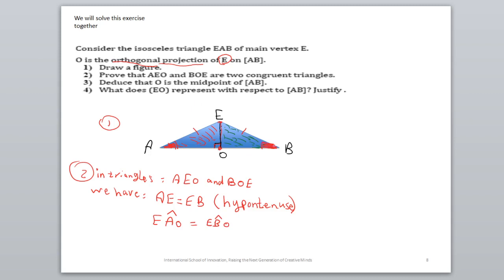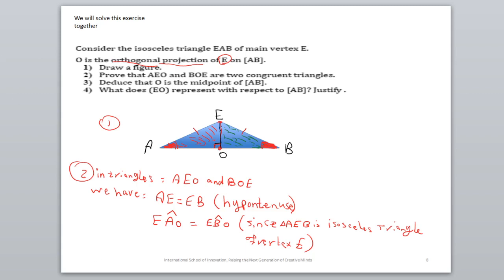You should prove why. Since triangle AEB is an isosceles triangle, as we said from the beginning, of vertex E. Hence, we write in the same way.